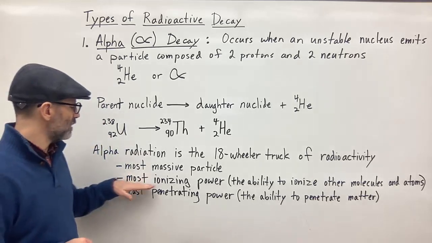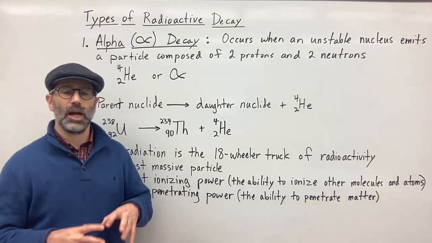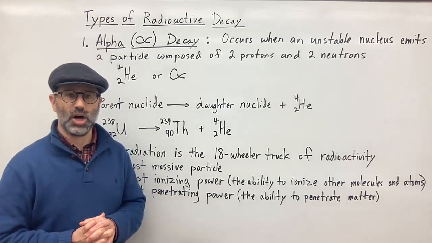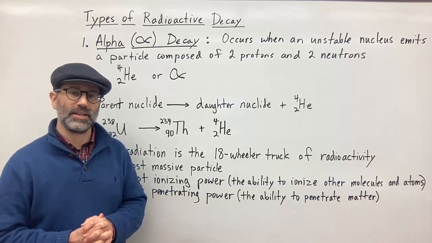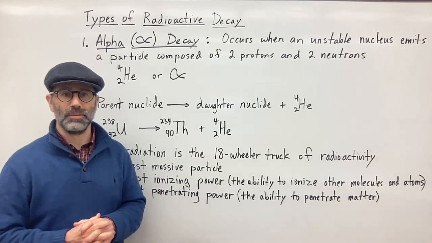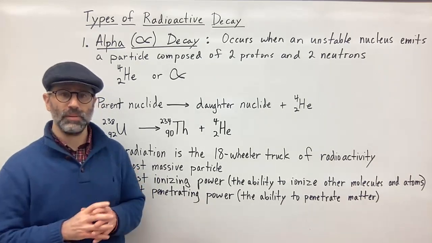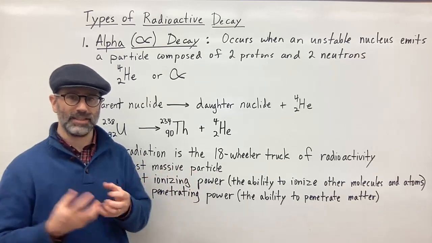But it has the most ionizing power, and that's because it's got a large charge on it. It's got a charge of +2, and so that's going to affect other molecules and atoms as it's going through the material. So that high positive charge is going to be attracting electrons.